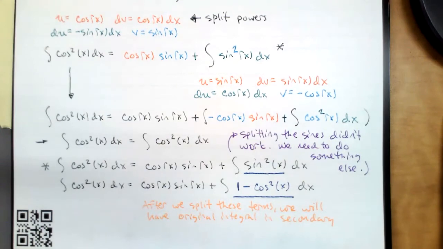After we split those terms, we will have an original integral in the secondary equation. And we're just going to add whatever copies of the original integral to both sides. We're going to gather like terms.